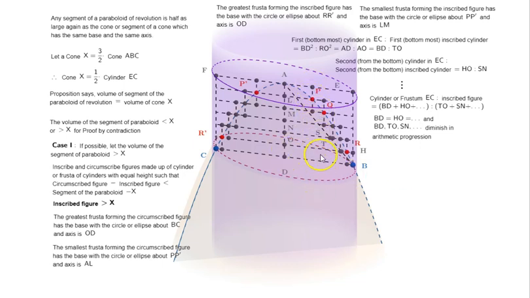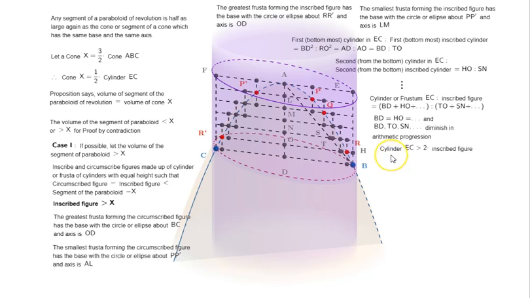And BD, TO, SN are in arithmetic progression, specifically diminishing arithmetic progression. This is from our proposition 1 in On Conoids and Spheroids.